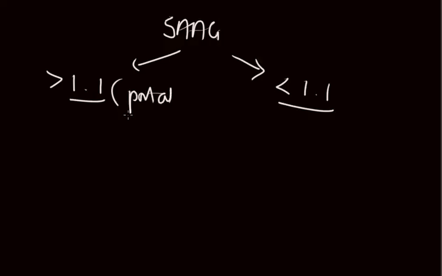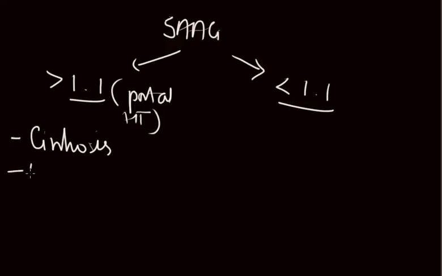A SAAG of more than 1.1 is indicative of portal hypertension. The commonest cause that you need to know is cirrhosis of the liver. The liver is replaced by fibrous tissue, a lot of liver parenchymal changes take place, and it leads to increased portal pressure, that is portal hypertension, and you will get a high SAAG.